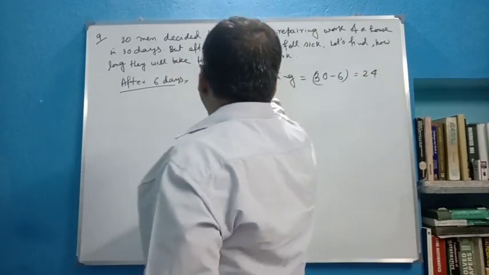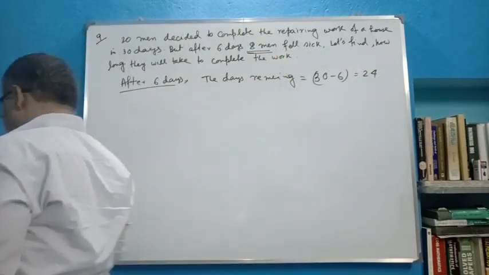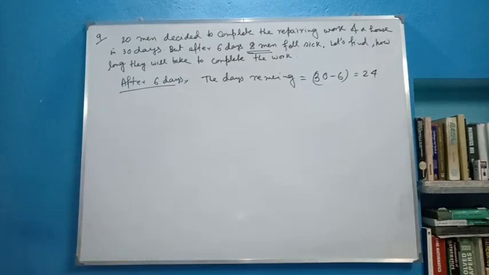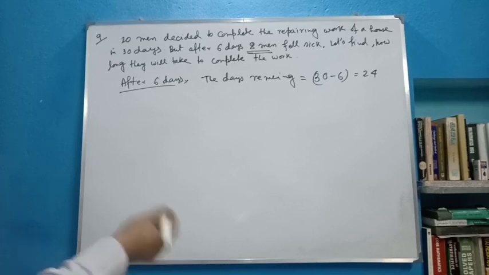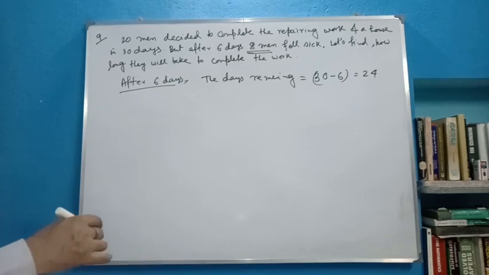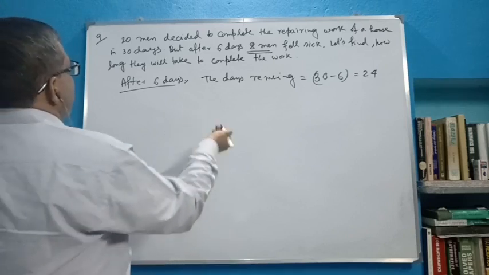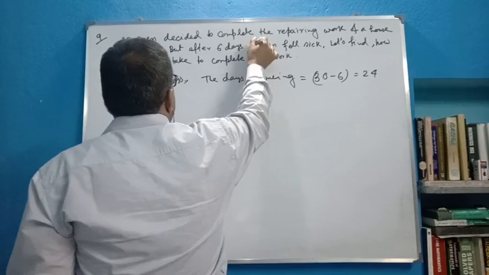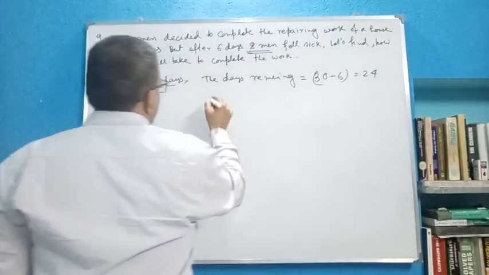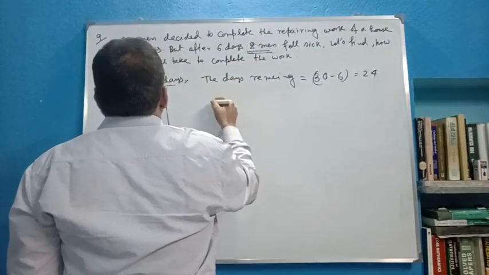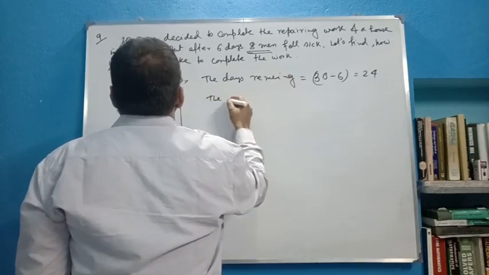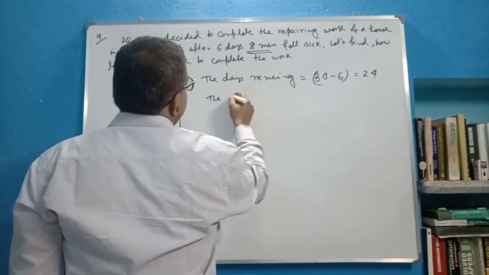And how many men fell sick? 8 men. So they do not work properly, obviously. So the remaining work must be completed by the other men, excluding these 8 men. So the number of workers after 6 days.